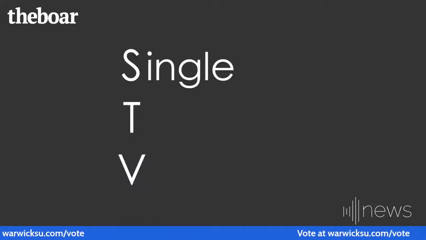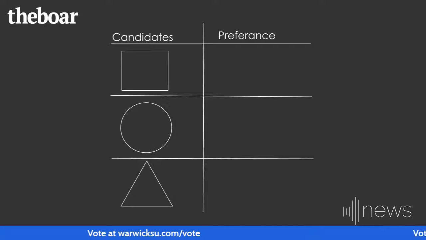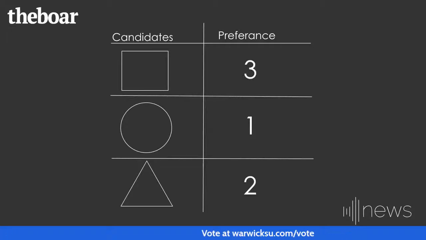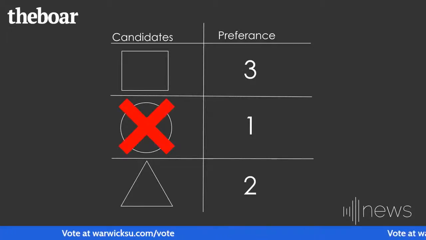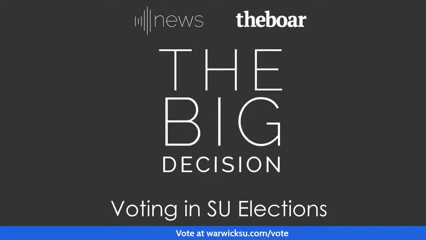Voting uses the Single Transferable Vote System, or STV. When voting, you rank your favourite candidate as 1, but also rank the other candidates, so that if your first choice candidate isn't selected, your vote can be transferred to your second, third, and so on. And that's how to vote. Good luck.